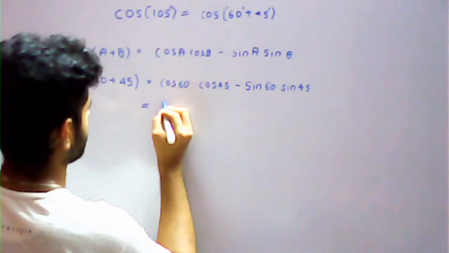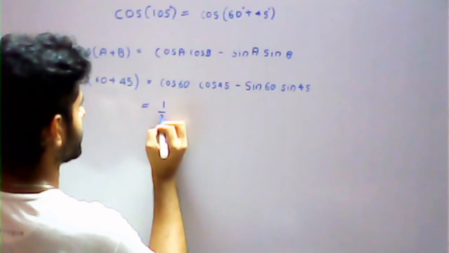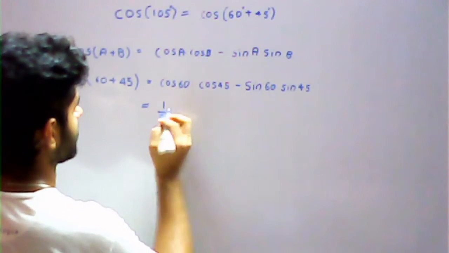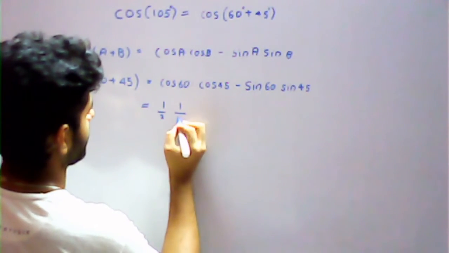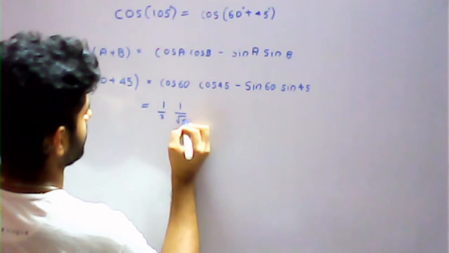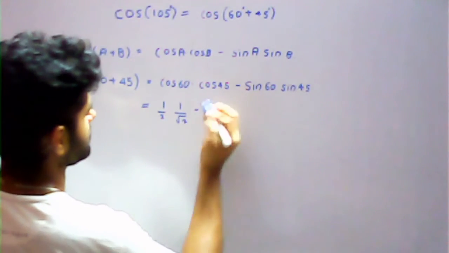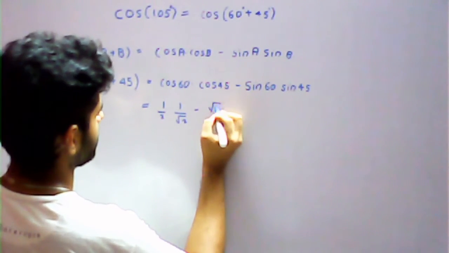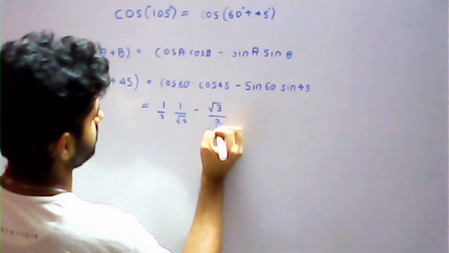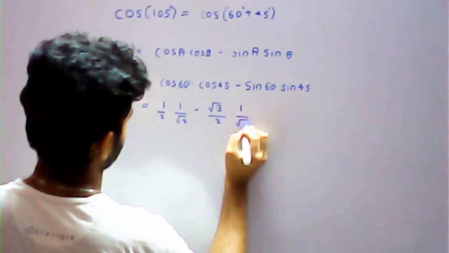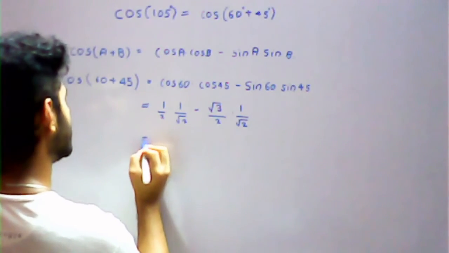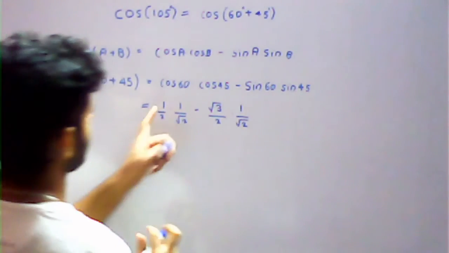Cos 60, as we know, is 1 by 2. Cos 45 is 1 by root 2, minus sin 60, root 3 by 2, into sin 45, which is 1 by root 2. Cross multiply.